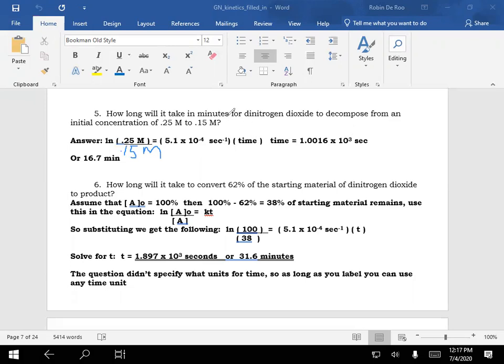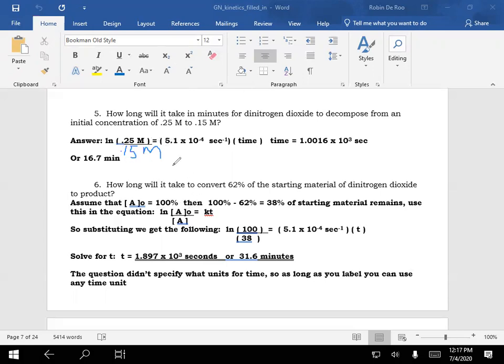And we have to be careful because it was asked for minutes, so we just need to change from seconds to minutes. Remember that we're using this setup, natural log of A sub 0. This was our A sub 0. Let me change my color here so you can see, because it looks like I just didn't type in the other one.